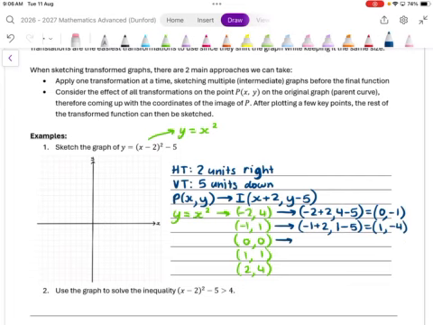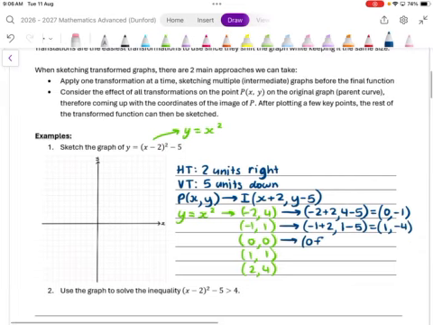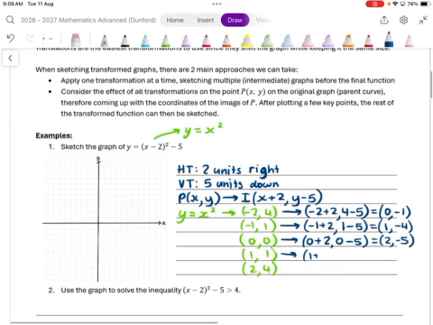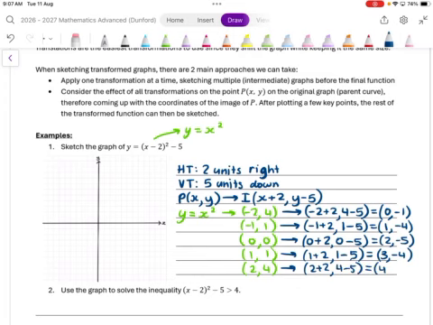Then our next point is 0 plus 2, 0 minus 5, so that is just the point 2, minus 5. Then we have 1 plus 2, 1 minus 5, so we'll have 3, minus 4. And then finally, we have the point 2 plus 2, 4 minus 5, which gets us the point 4, minus 1. So we get those points on our graph.